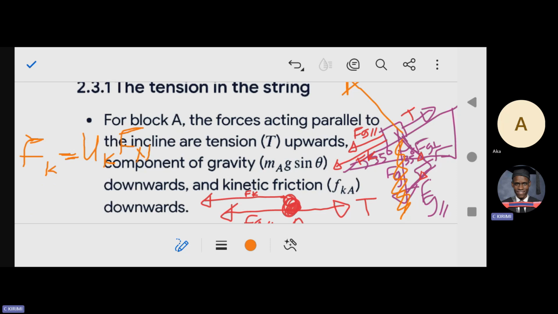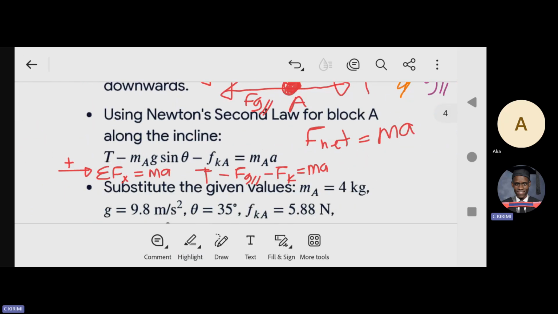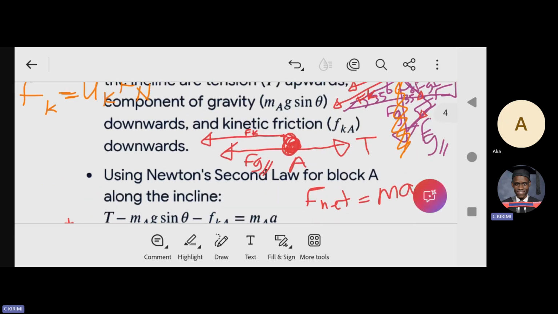Multiplied by Fn. So your Fn is just that one, Fg perpendicular, because they are the same. Then what you are not given is the coefficient of kinetic friction. However, that won't stop us from calculating whatever we want. Let's move on. I don't know if your question has been answered.